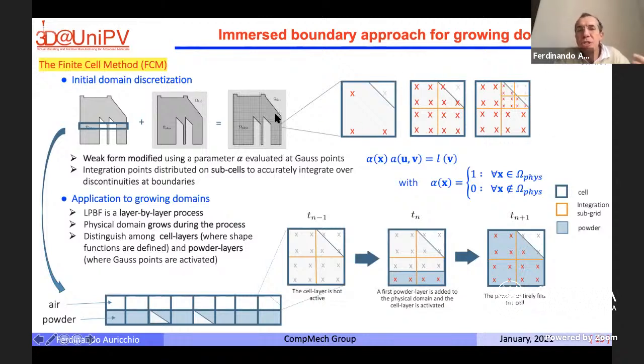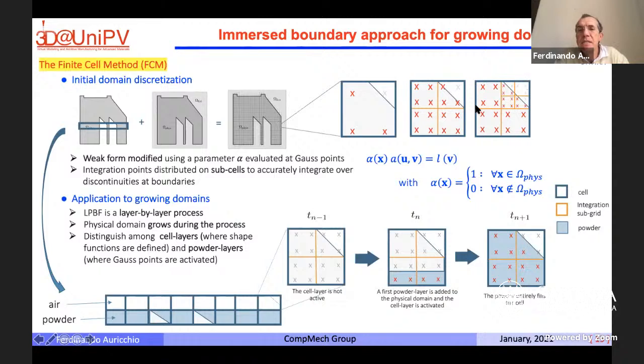So the method is geometrically non-fitted, in the sense that the mesh does not fit the physical geometry, but you make it fitted in terms of integration points. If there is a region where the boundary has a slope, you can describe the slope by locally refining the number of Gauss points. Then you have Gauss points outside the physical domain, which are weighted 0, and Gauss points inside the physical domain, which are weighted 1.